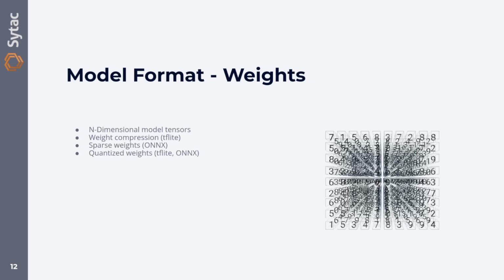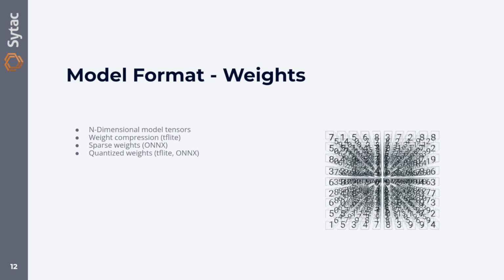So yeah, let's talk about the weights. They're n-dimensional model tensors. Just see them as arrays, basically. They're multi-dimensional arrays. In machine learning, we call them tensors. When I started learning machine learning, I grabbed a book on tensor algebra because I thought that would be useful, but it isn't.